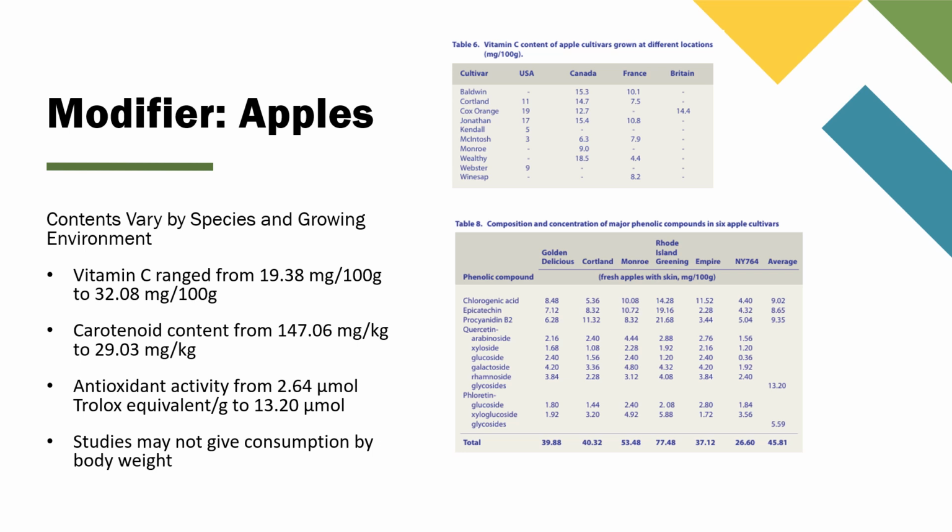So if we have a study saying this is the result of eating apples, we are in a bit of a fog as to the mechanism. We know what it could contain, but we don't know what it actually contains.